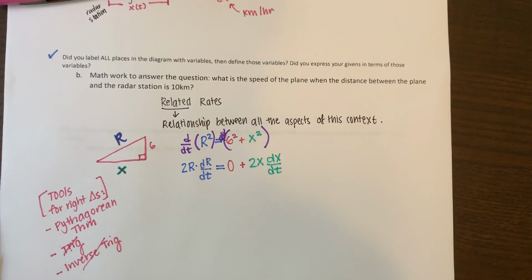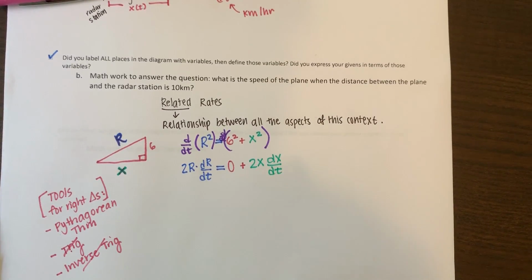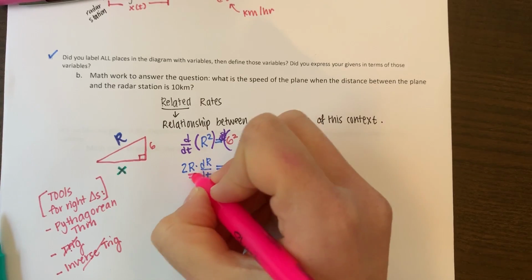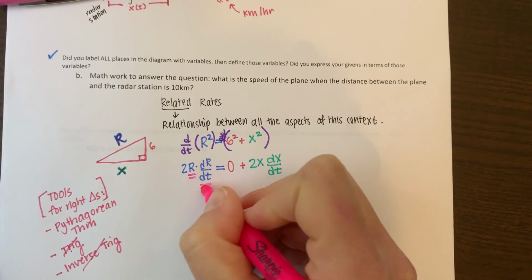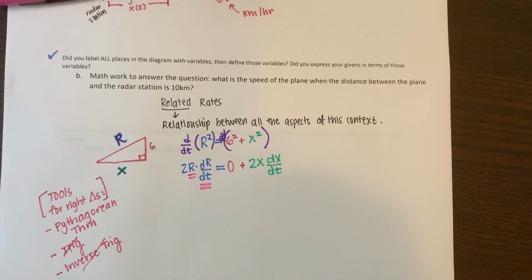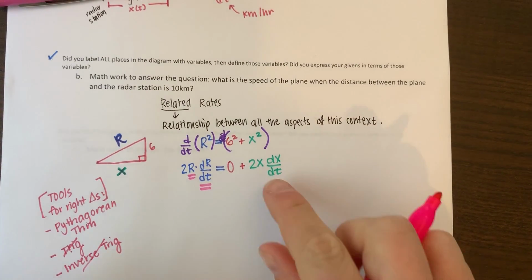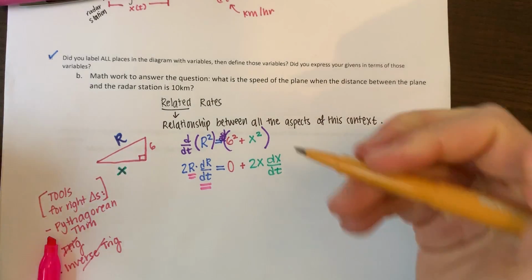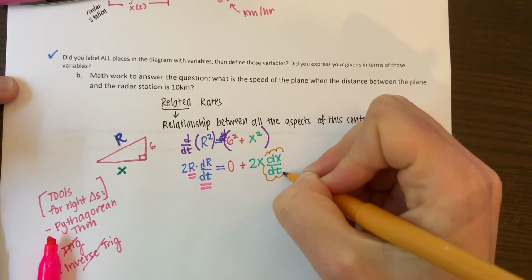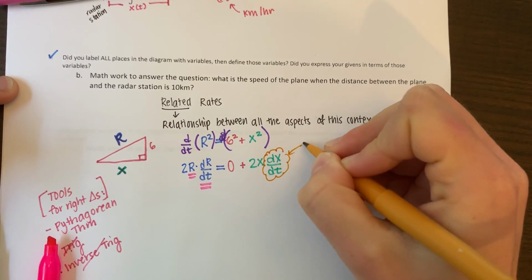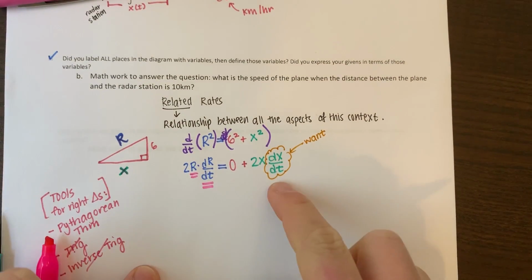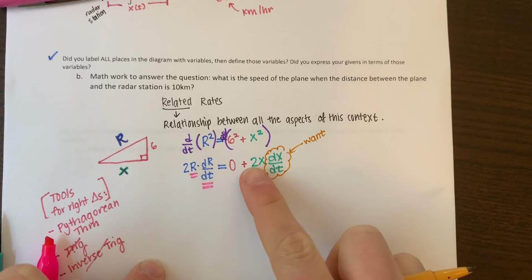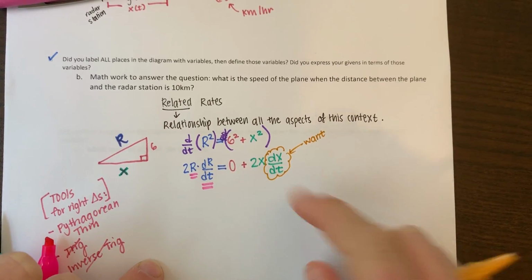So we're making progress because we have r from the givens. We have dr dt when r equals 10. We want dx dt. And so in this equation, the only still unknown value is that x.